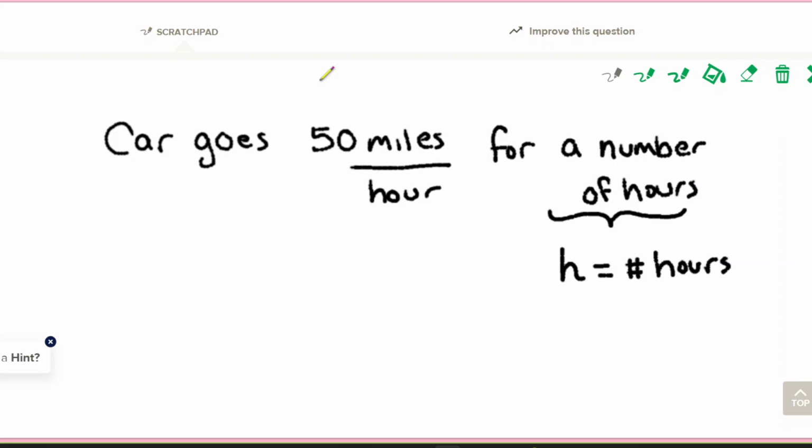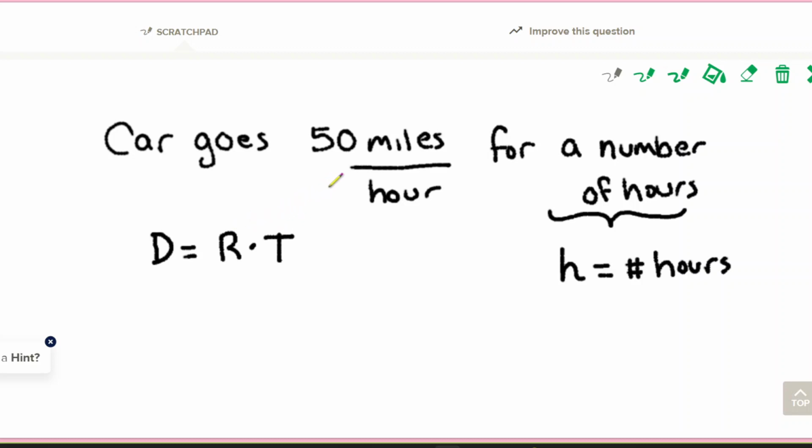So something they're kind of assuming you know how to figure here is that distance equals rate times time. Right? The distance traveled, which I'm calling d here, is equal to the rate of speed, right? How fast you're going, multiplied by how long you've traveled for.